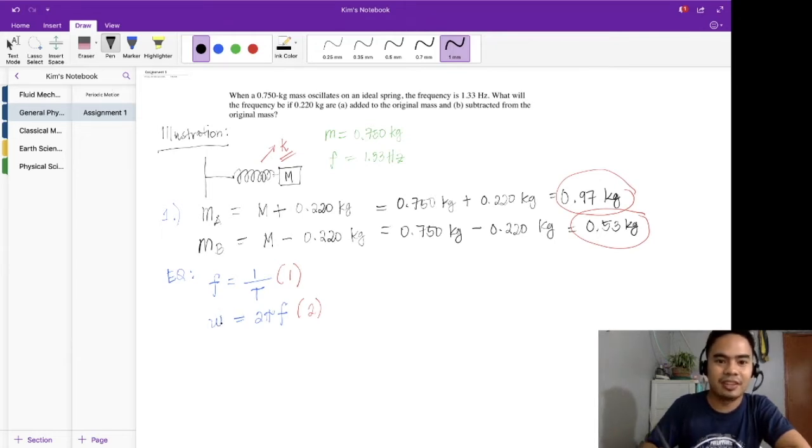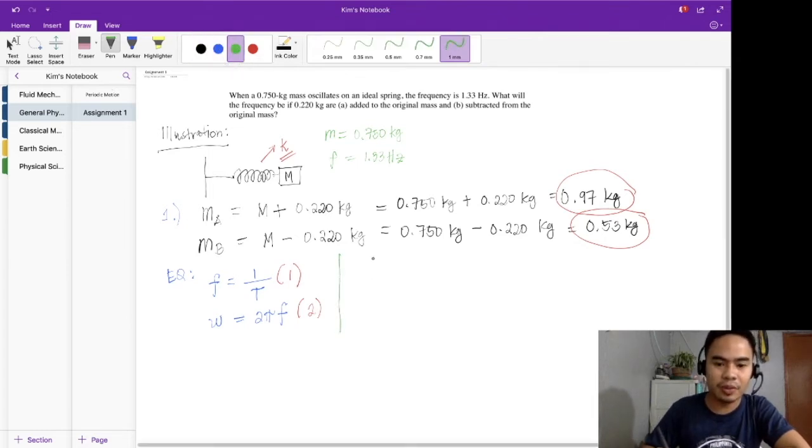But remember in the previous discussion where we related the circular motion and the periodic motion, we found out that the value of omega is equal to the square root of the force constant k divided by the mass.